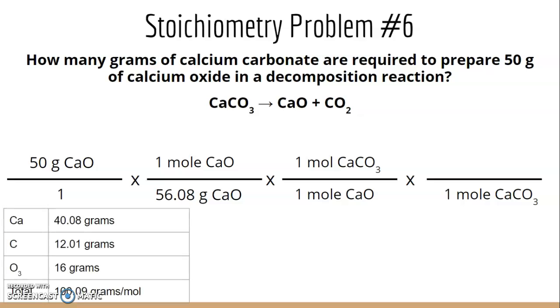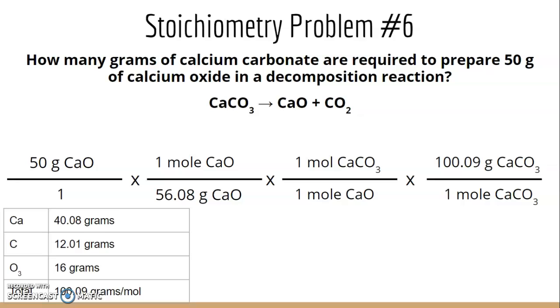And we can do that right here. So calcium again has a molar mass of 40.08 grams. C has a molar mass of 12.01 grams. And oxygen has a molar mass of 16, and we're going to multiply that by 3 to get a total molar mass of 100.09 grams per mole.